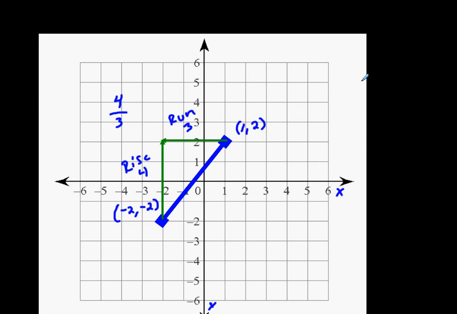Now there's another way to find the slope of any equation or of a line. Rather than using the rise over run method, we can use a formula.